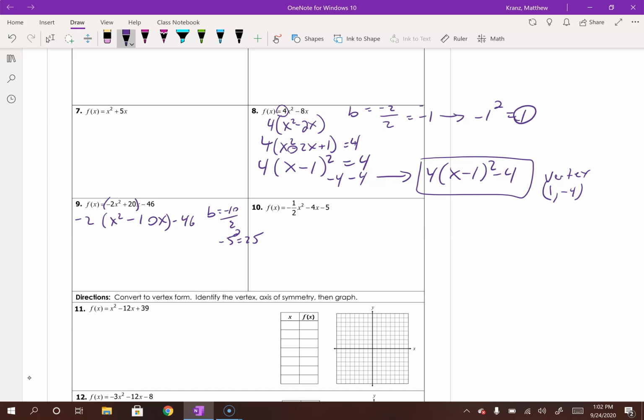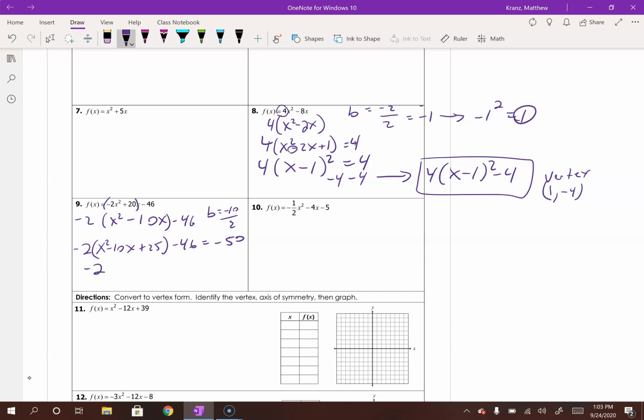All right, so now I have a negative 2 x squared minus 10x plus 25 minus 46. Now, what about on the other side of the equal sign? Well, technically, if I move this on this side, this should be a negative 50 because negative 2 times positive 25 is a negative 50. So that's what goes on the other side. You have to account for that.